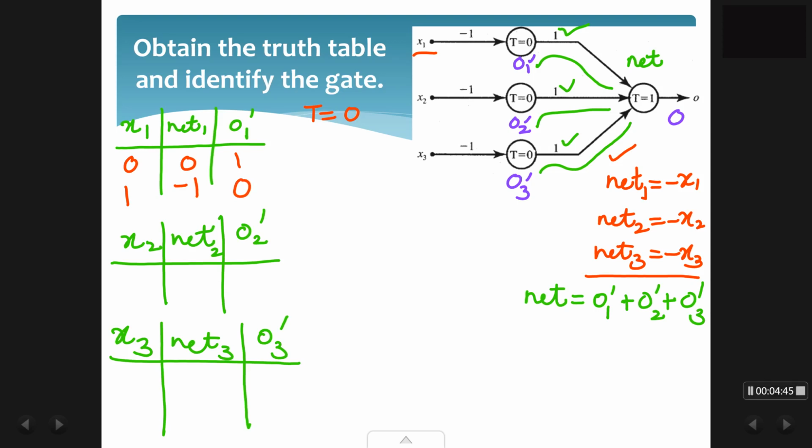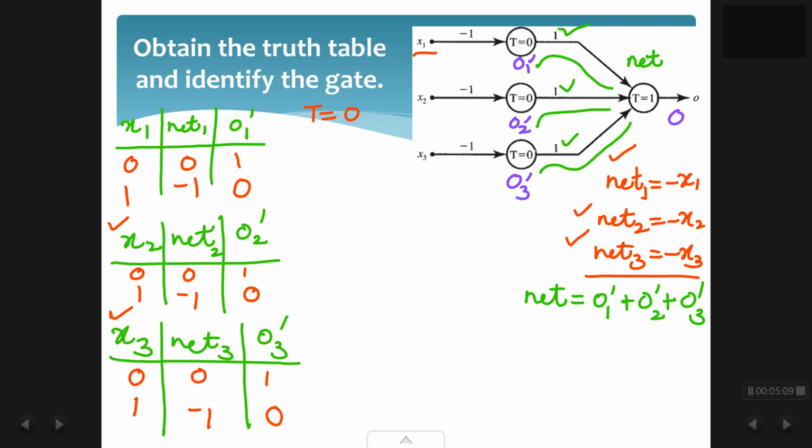The same thing can be done for the second neuron and the third neuron, and since their equations are almost similar, net 2 is minus x2 and net 3 is minus x3, we complete the truth table in a similar fashion and we get this.